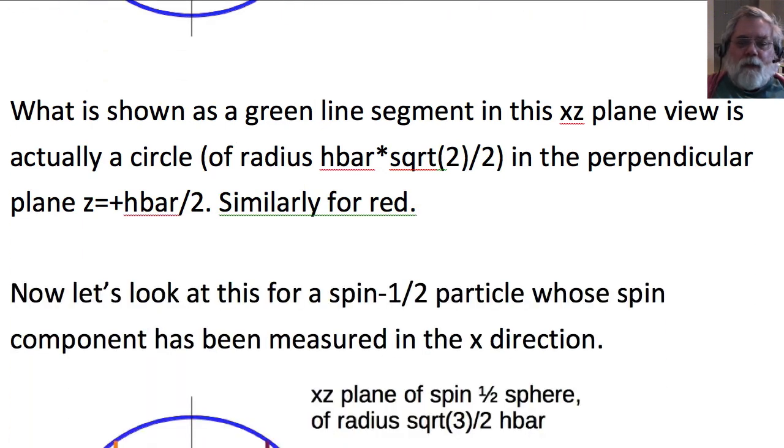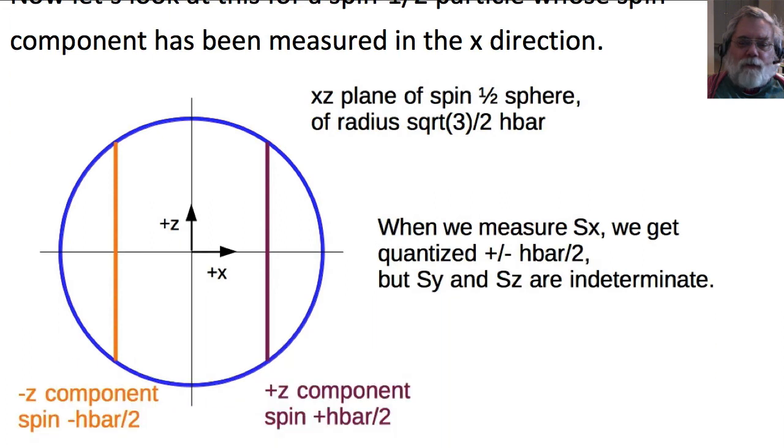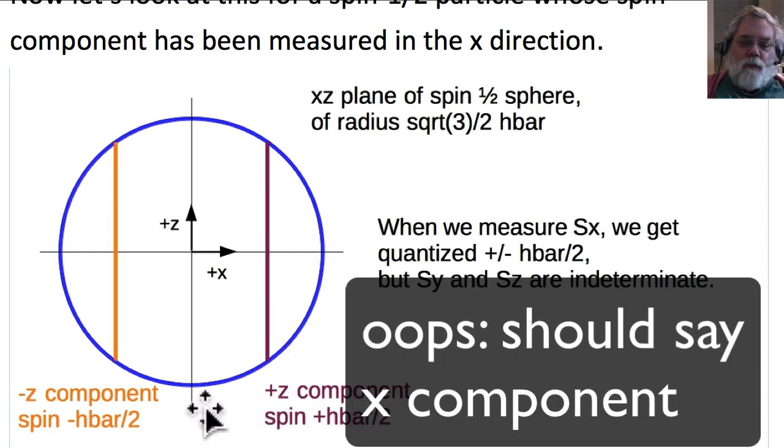Now, let's look at this for a spin 1/2 particle whose spin component has been measured in the x direction. The blue sphere is the same, but now this should say x component, not z component.